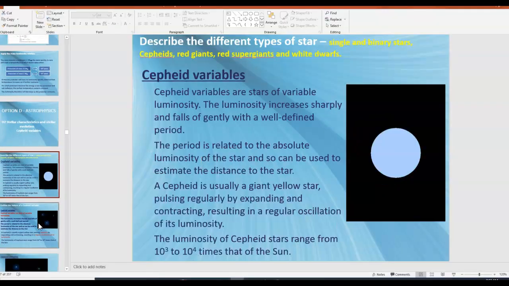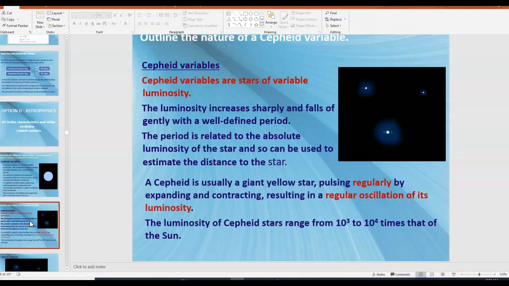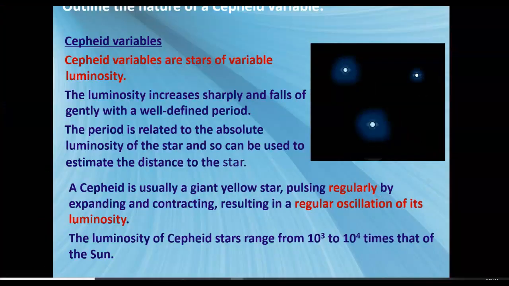Now, the reason we like these Cepheid variables, and again, I'll just show you really quickly, this is a simulation of what they might look like to us, kind of like flickering stars getting brighter and dimmer over the course of several days or weeks.